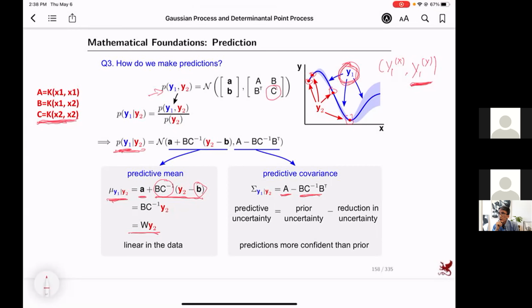It's just that the functions share the same covariance structure. So when I put them together, the y2 covariances of one function will be very different from the y2 covariances of another function, because these functions are just sampled from the same Gaussian process.